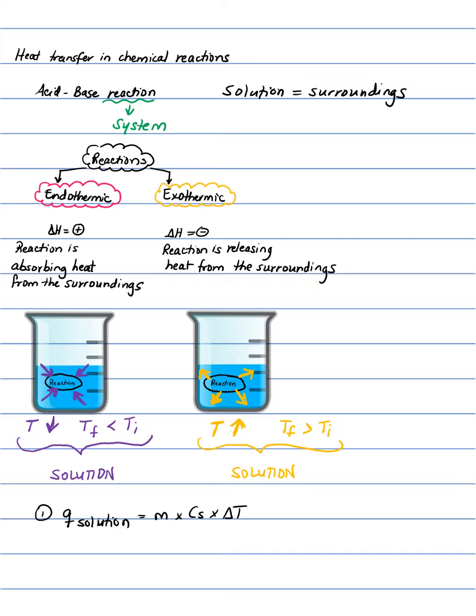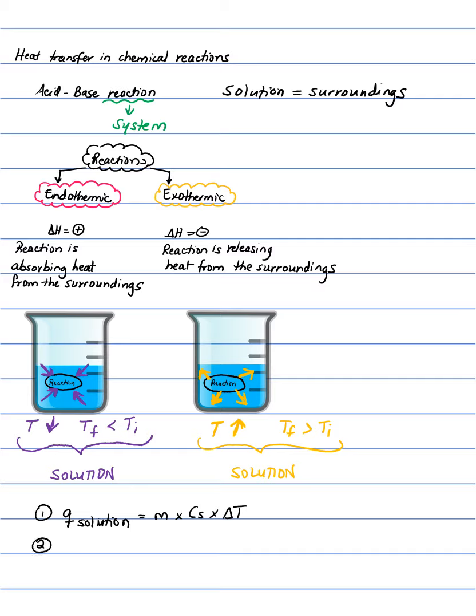We're assuming that there's no escape of that amount of heat anywhere else. It's not going into the calorimeter, just heat exchange between the reaction or system and the surroundings or the solution. So the first thing that we are going to be doing is calculating the amount of heat for your solution.